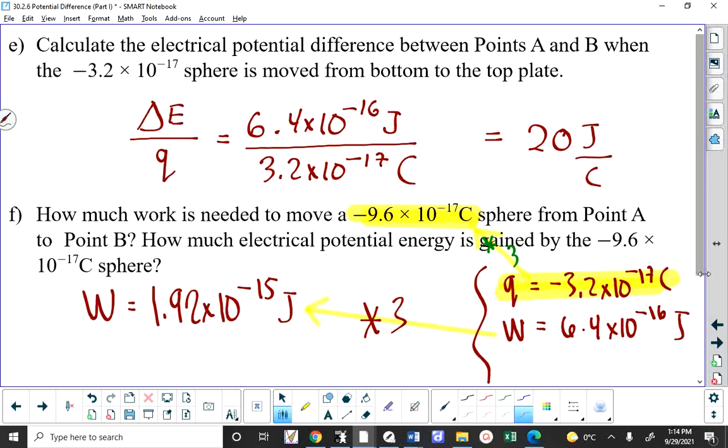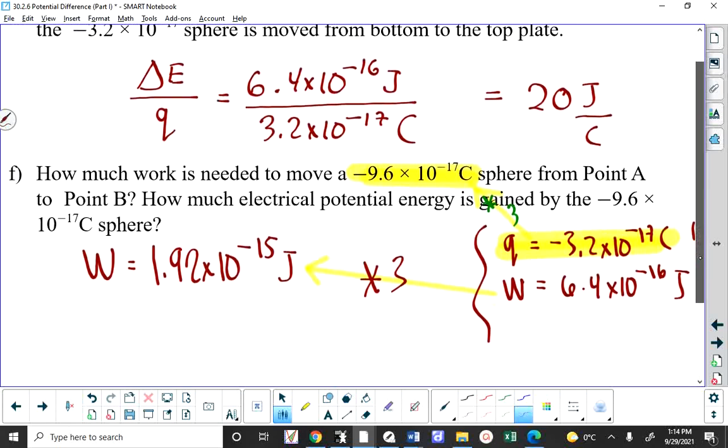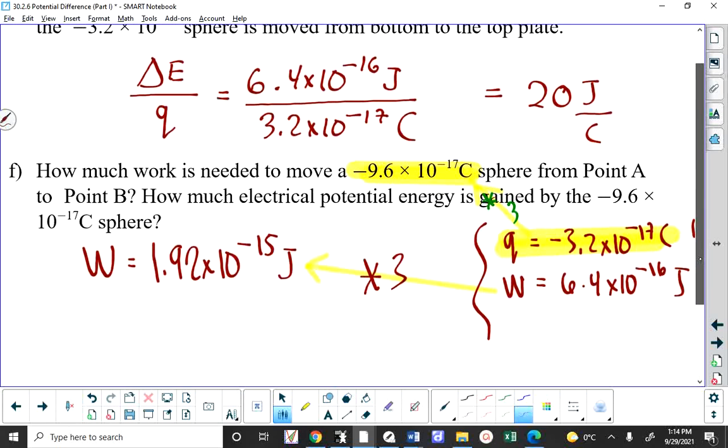But look at the second part to question F. How much electrical potential energy is gained by that sphere? Well, the answer to that question is this number. This is a very subtle point, but if that's the work done, that's the change in energy. So the change in energy is also 1.92 times 10 to the negative 15 joules. If you have 3 times the force, you have 3 times the work, you have 3 times the change in energy.